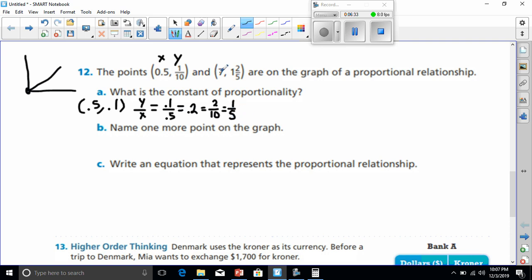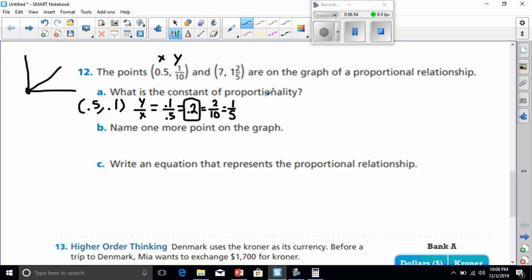All right, so now we're going to do 7 and 1 2/5, because we need 2 of them to show a constant of proportionality. But before we move on, let's remember this constant of proportionality we found was 0.2.